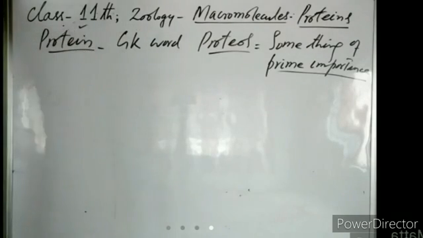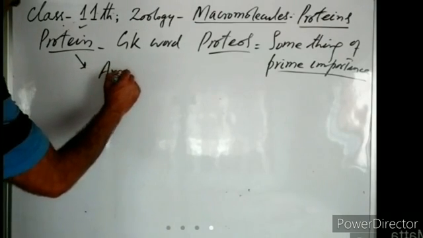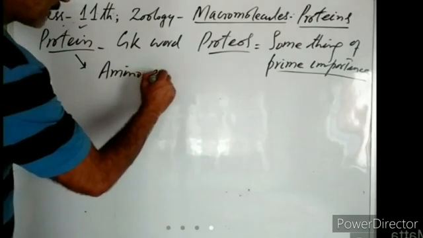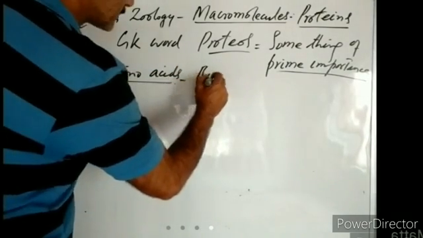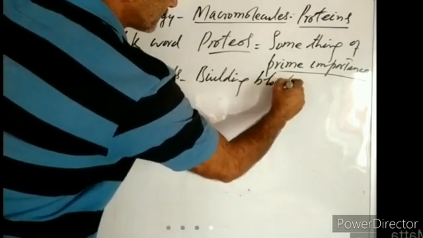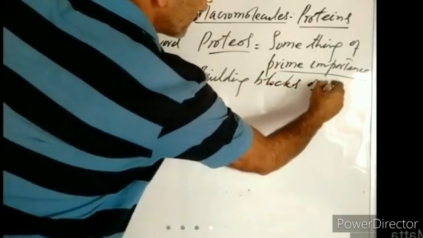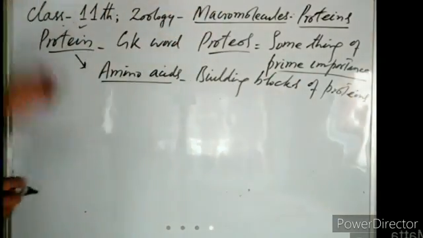So these proteins, of what material are they formed? Can you tell me? These proteins are formed of amino acids. They are the building blocks. We call amino acids the building blocks of proteins.